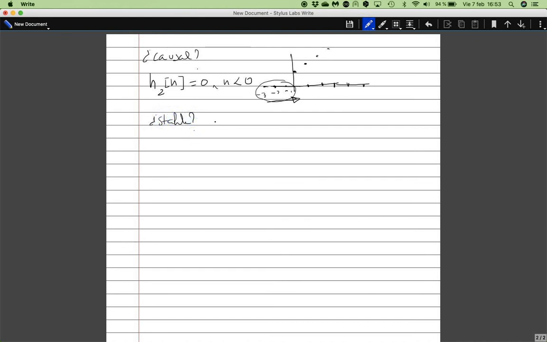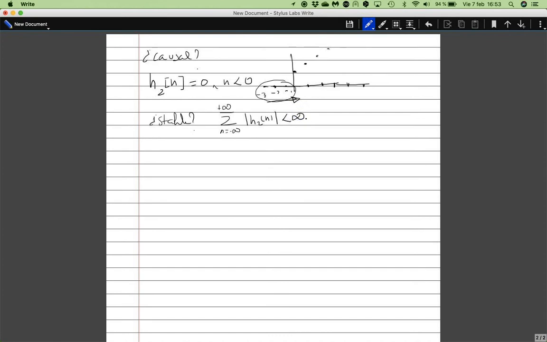So when you have the h2 of n, to see if the system is stable, basically you have to make the following summation: the summation from n minus infinity to plus infinity of the absolute value of h2 of n. If this value is less than infinity, then the system is stable.